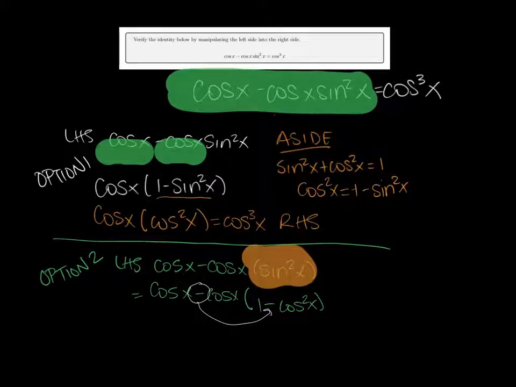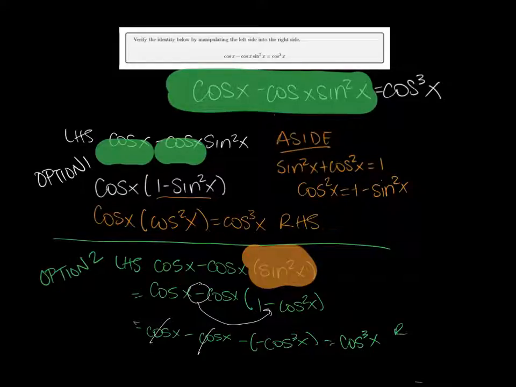So when I make this distribution, I get cosine x minus cosine x minus negative cosine cubed x. You can see, I hope, that these two cancel, and then negative times negative would give us positive cosine cubed x, which is, again, our right-hand side.